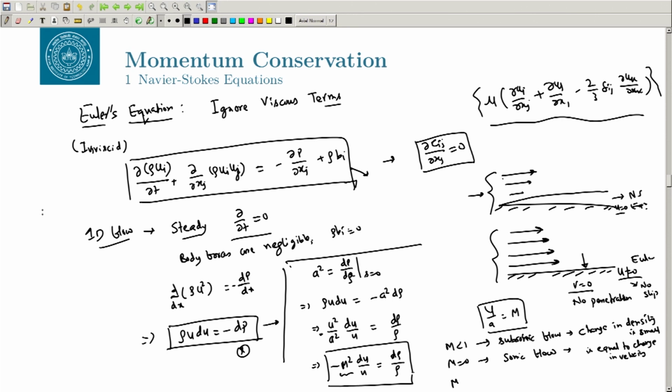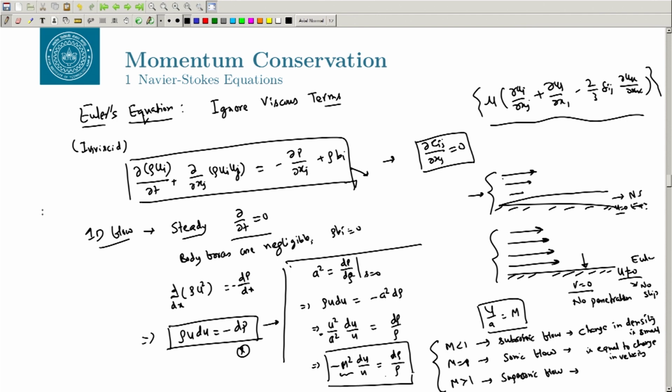And when M is greater than 1, then it is supersonic flow. In that case, your change in density is much greater than the change in velocity. So, you can now understand that when you go to higher and higher Mach number, your density change becomes very important, and you cannot ignore compressibility.